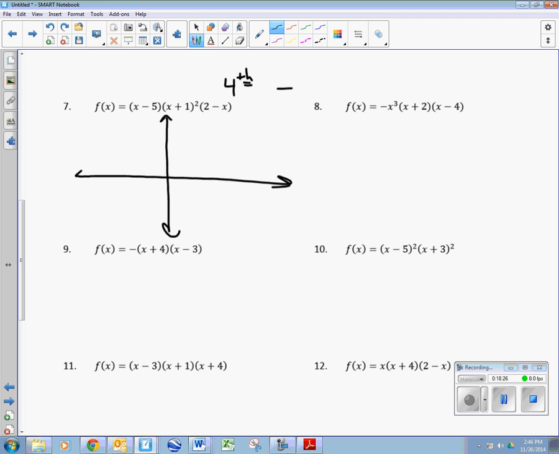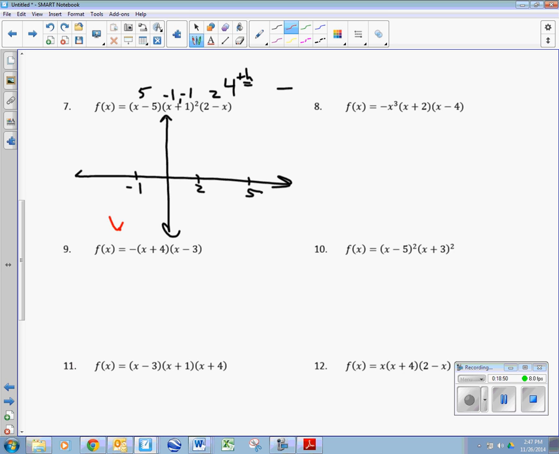What's the solution? 5, -1, -1, 2. So I plot those: -1, 2, and 5. You don't even have to space them correctly. I'm not that concerned. Just make it so you can draw it nice and easy. Double root at -1. So what's going to happen here?